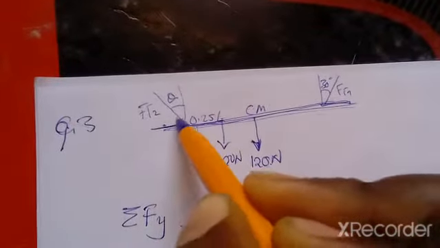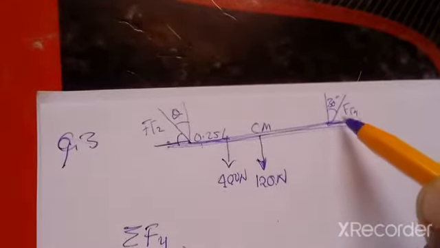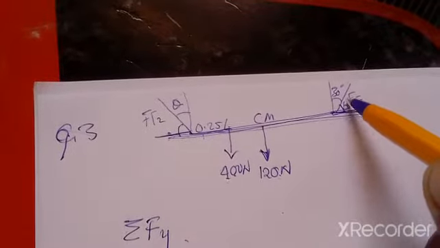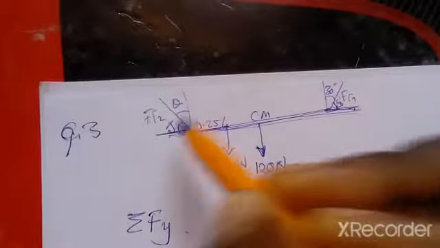I like working with the x-axis than the y-axis. It's easier for me. So I'm going to have to work with the angle here instead of the 30 degrees. So the angle here will be 60 degrees. And here I'm going to have to work with alpha instead of theta.